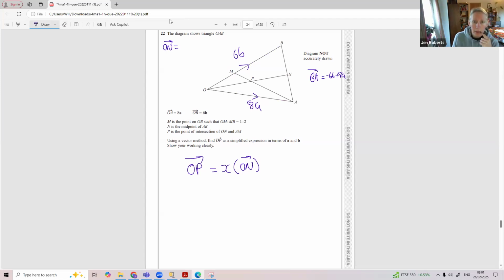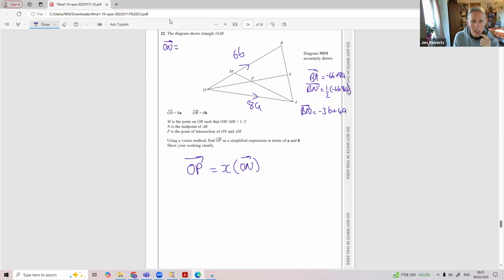We know that BN is halfway, since N is the midpoint of AB. So B to N is half of minus 6B plus 8A. Half of minus 6B is minus 3B. Half of 8A is 4A.